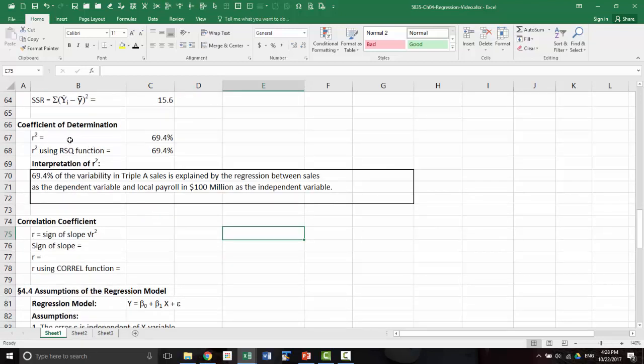And it so happens that this coefficient of determination, R squared, is related to the coefficient of correlation. Remember, the coefficient of correlation R is a number between -1 and +1. The sign, minus or plus, represents the nature of the relationship between X and Y, whether it is positive or negative.